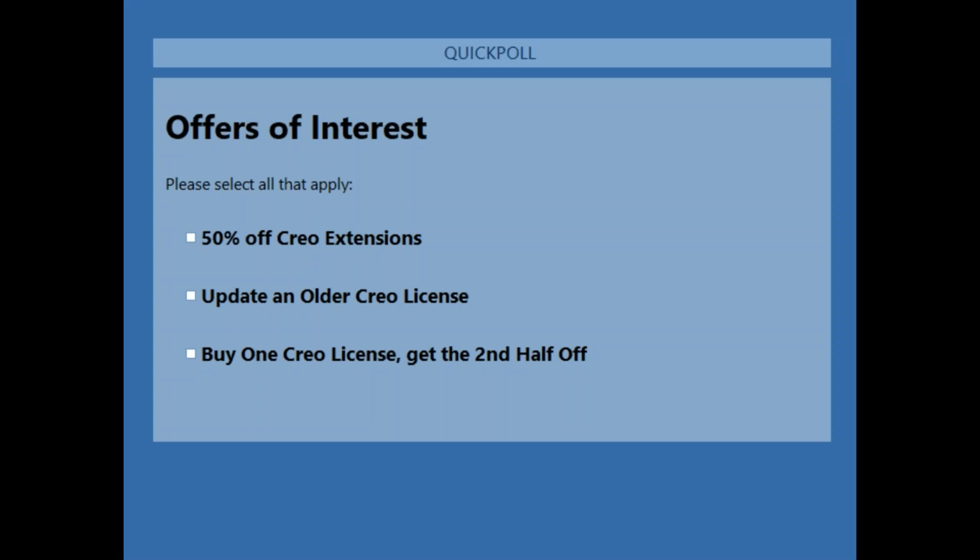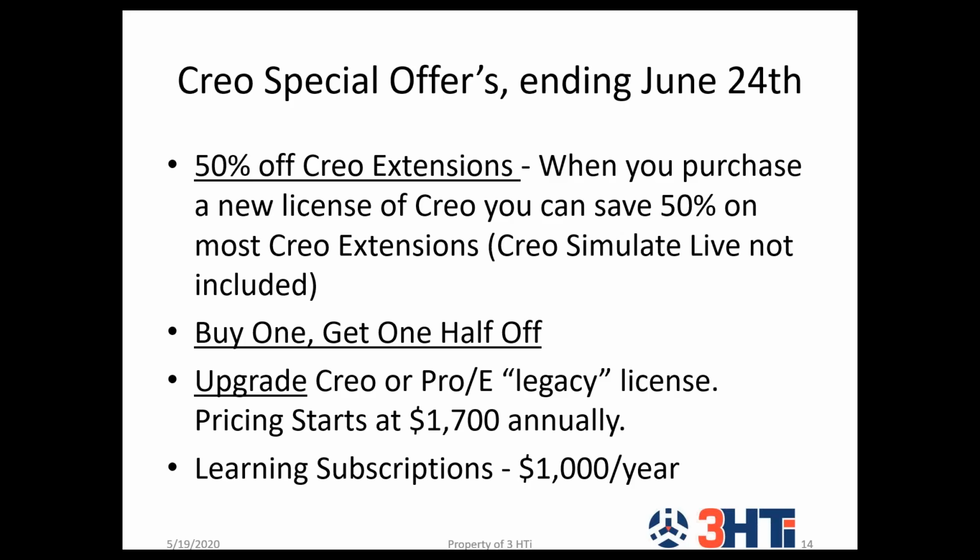So the difference is, instead of being locked in for an all-day session or an entire week, you can pick and choose with the learning subscription what you want to learn, what you want to brush up on, and it's only $1,000 annually. So I thought I would mention that.